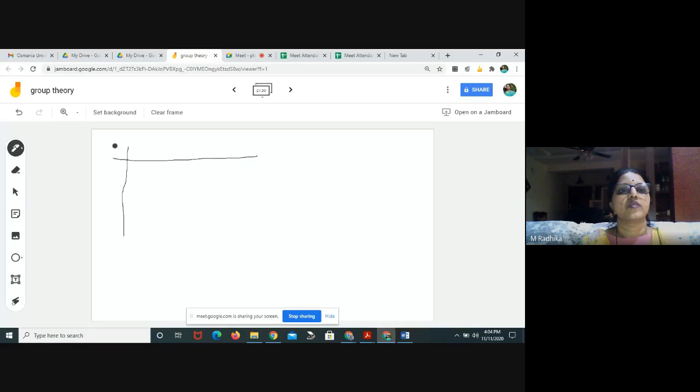Now I have G4 type 2. So I have E as the trivial element. Then I have A as the first element, B as the third element, and C as the fourth element.